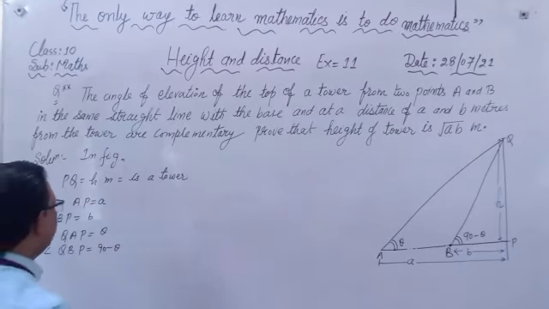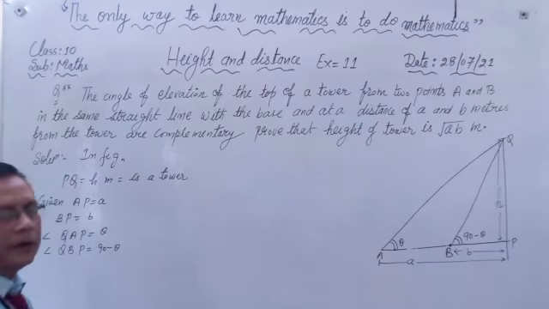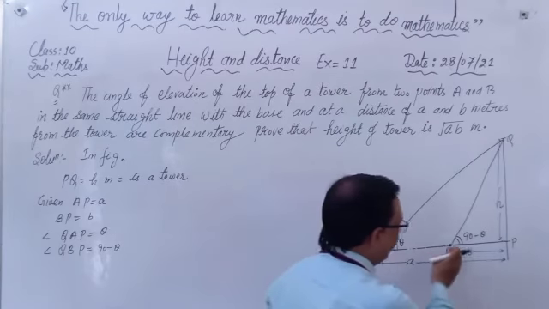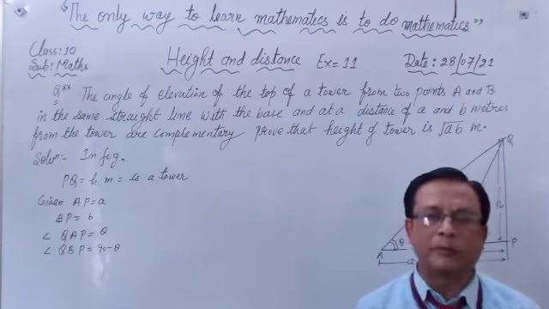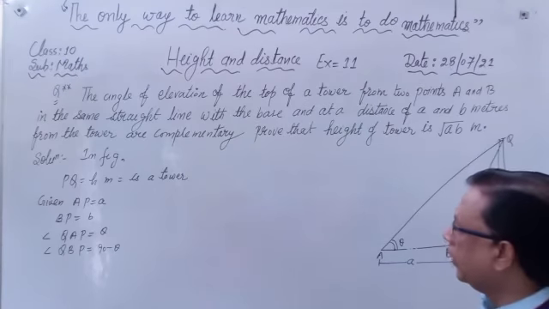We take this angle theta, then this angle will be 90 minus theta because it is given that the angles at both points are complementary and we know that the sum of complementary angles is 90 degrees.